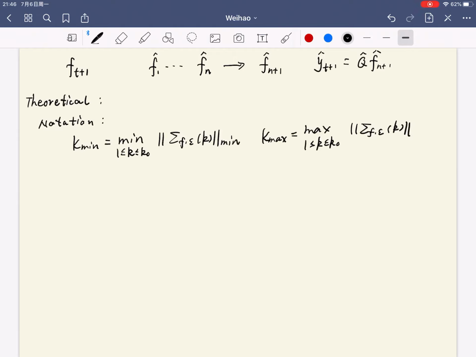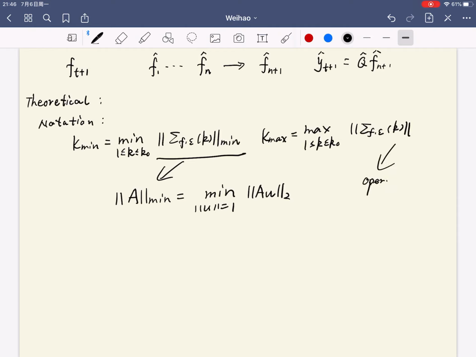These two, kappa min and kappa max, are used to measure the magnitude of the cross correlation between the low dimensional process F and the white noise. This notation means the operator norm, or to say, change this min to this max.